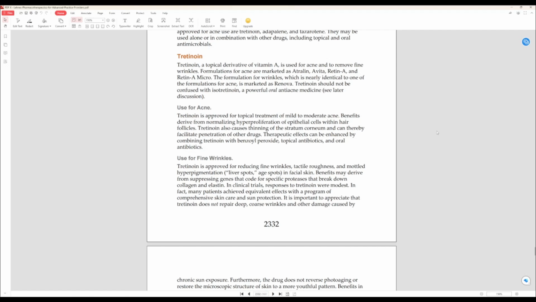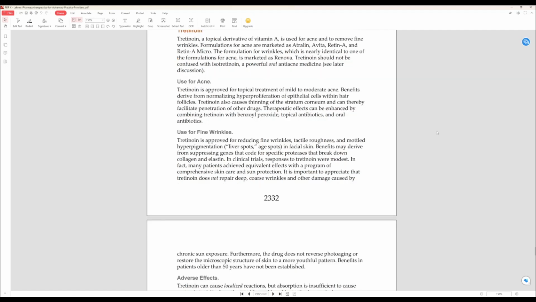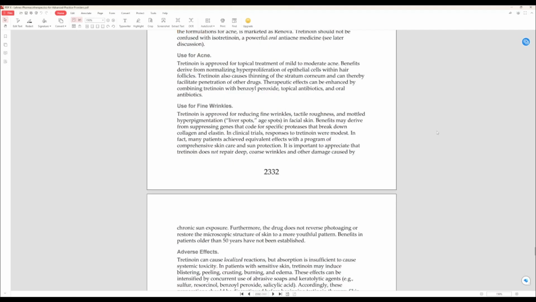For the use in fine wrinkles, tretinoin is approved for reducing fine wrinkles, tactile roughness, and mottled hyperpigmentation, also known as liver spots or age spots. In facial skin, benefits may derive from suppressing genes that code for specific proteases that break down collagen and elastin. During clinical trials, responses to tretinoin were modest.